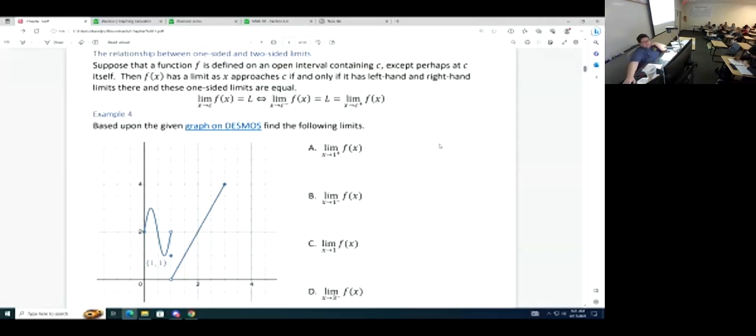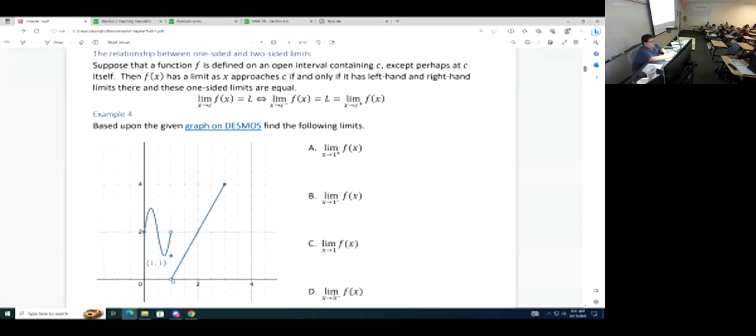So if we're looking at the limit as x approaches 1 from the plus side, x equals 1 is right here. As it approaches 1 from the right side, this value is getting closer and closer to y equals 0.